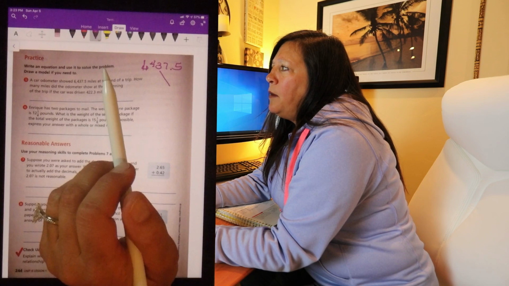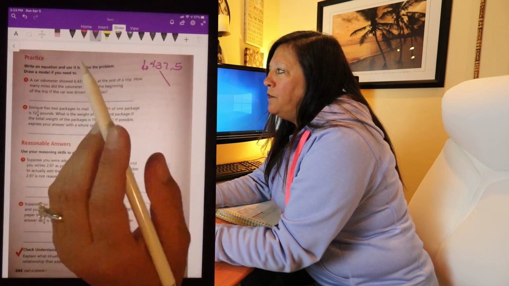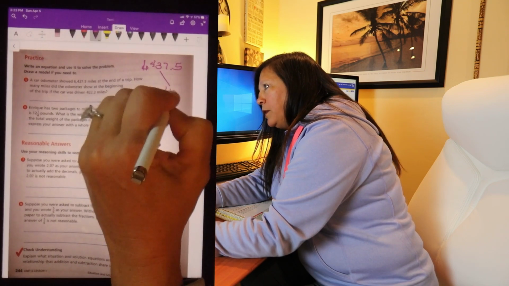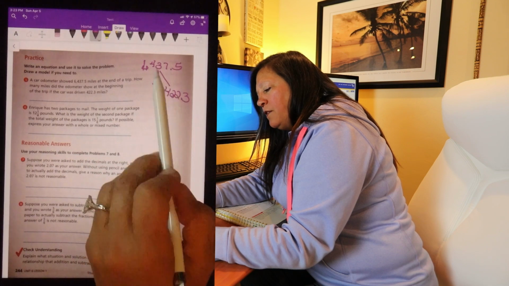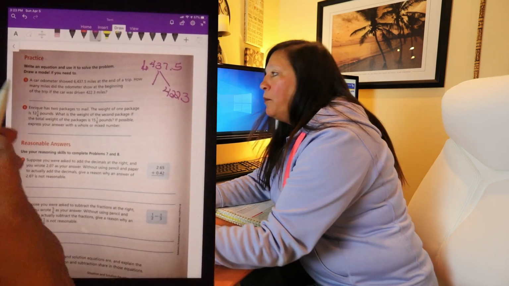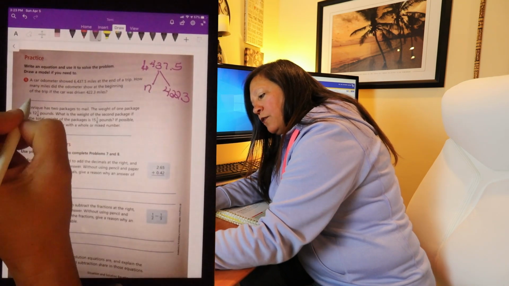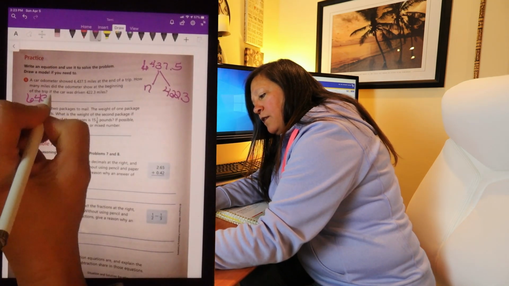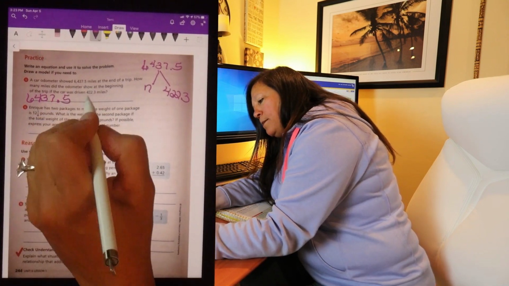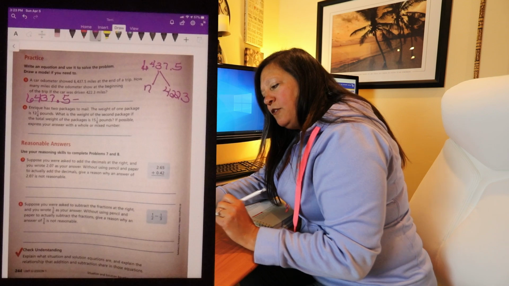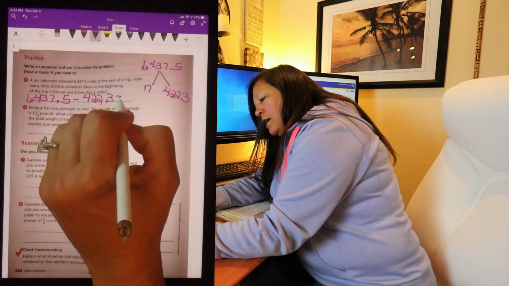And how many miles did the odometer show at the beginning if the car was driven 422.3 miles? Okay, so if we subtract that, then we're going to find out how much it showed in the beginning. So we're going to solve for n. 6437.5, and I apologize if my hand's in your way, being left-handed, but you can see the work after I'm done. 422.3.